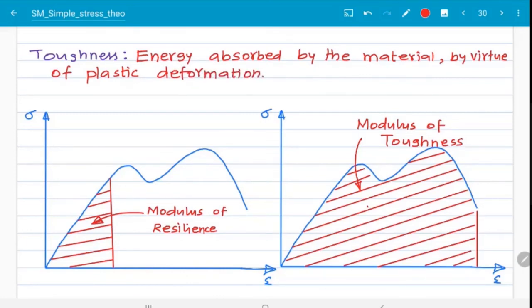Example for this case is bumper under accident. Then metal forming process.